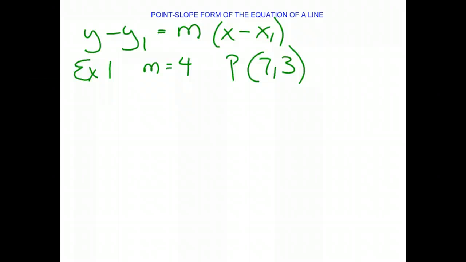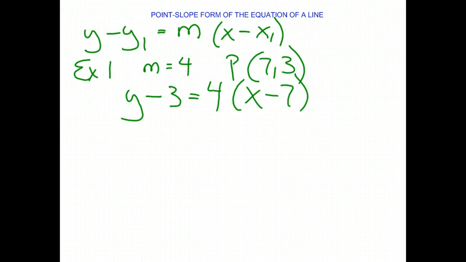Piece of cake. All you have to do is plug and chug. Y minus my specific y equals the slope times x minus the specific x. Done. Woohoo! You don't have to do anything else to that. You can leave it. You're done.